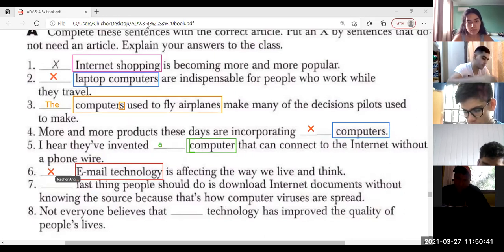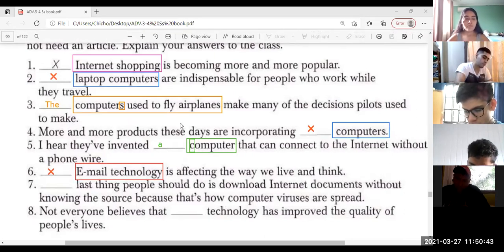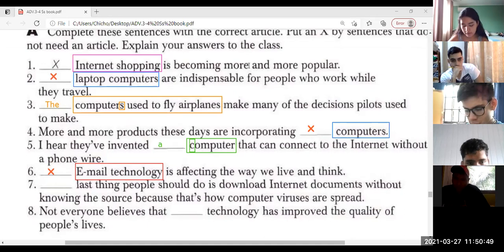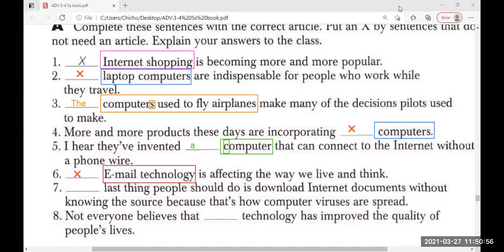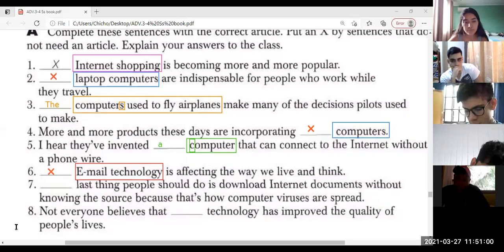Brenda, please, number 7. The last thing people should do is download internet documents without knowing the source because that's how computer viruses are spread. Okay, so you use the. Why?